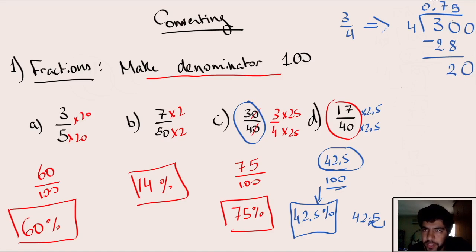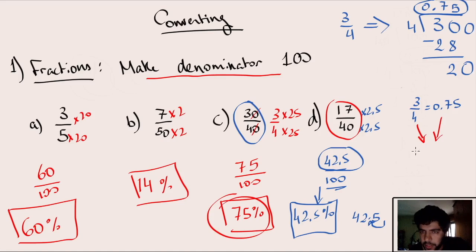And so you can notice here that our answer is 0.75. So if 3 over 4 equals 0.75 as a decimal, both of them convert to the same percentage, which is over here. It's 75%. You see that? All right.